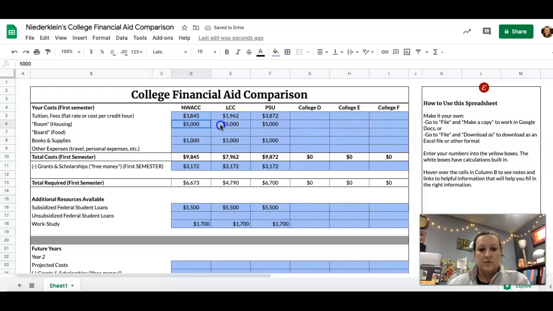If you live off campus, it's definitely going to be more. If you live at home, it's definitely going to be less. So that way we can just get a baseline here. What this does is it finds your total cost for the first semester, and then it subtracts whatever grants, scholarships, free money that you have, and then you can see what's required for the first semester.